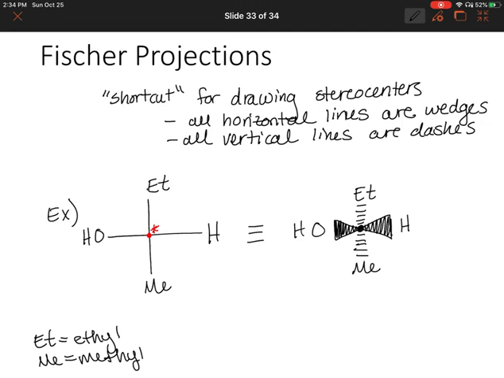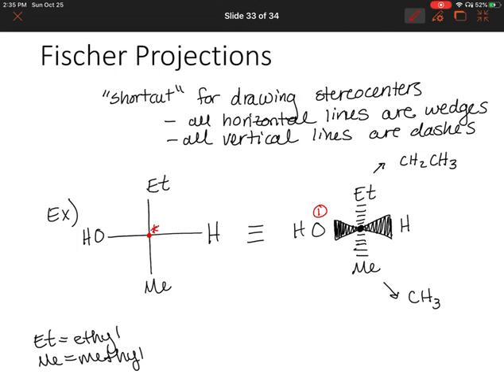So remember, ethyl is CH2CH3, methyl is just CH3, if that helps you figure out which would have higher priority. So the highest priority group would be OH because oxygen is heavier than carbon.